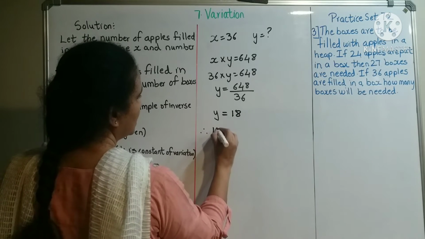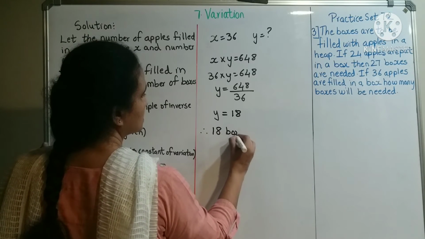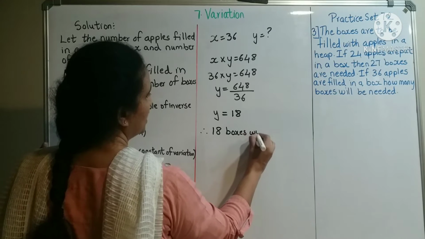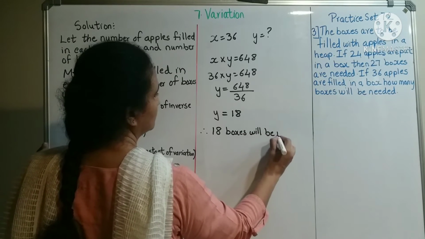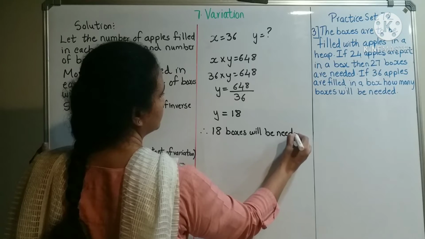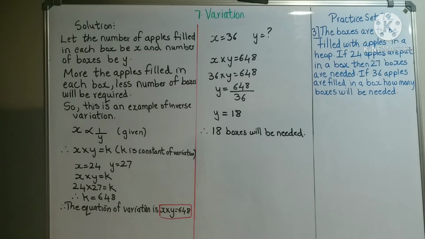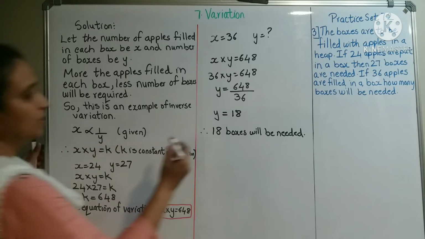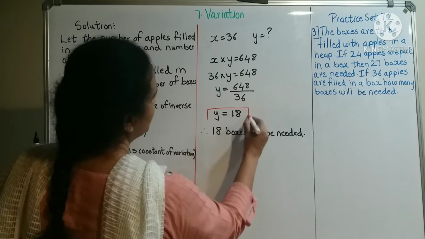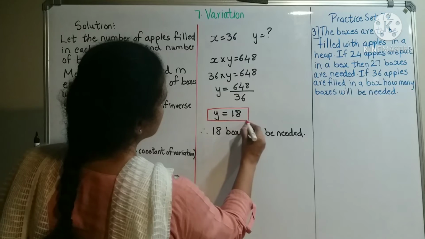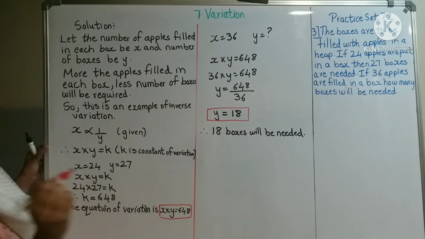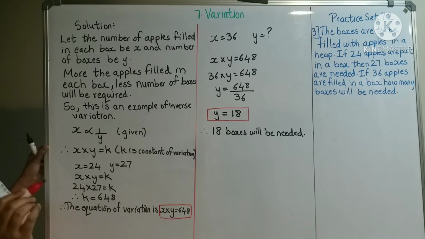Therefore, 18 boxes will be needed. So over here, if you fill 36 apples in one box, we are going to need 18 boxes.